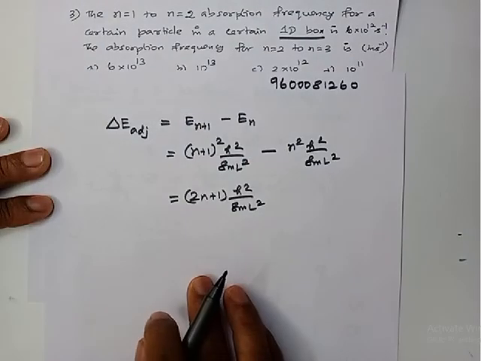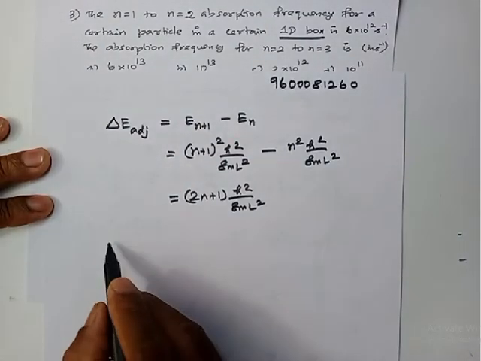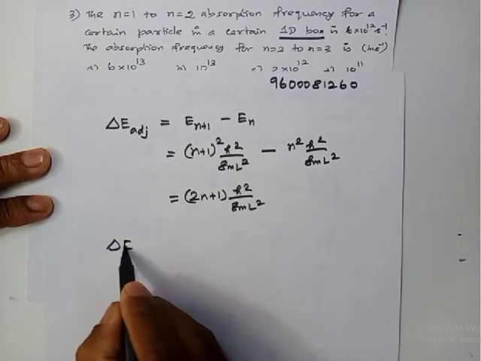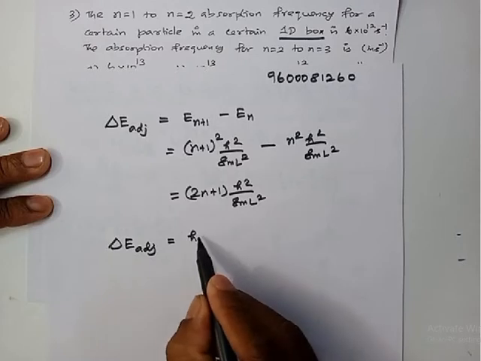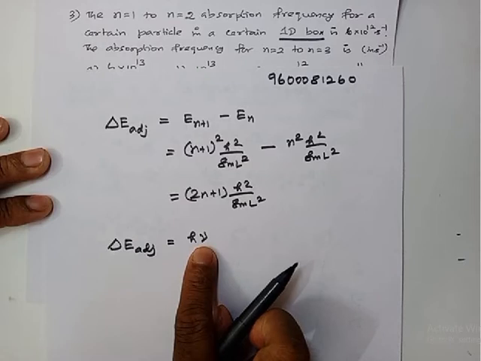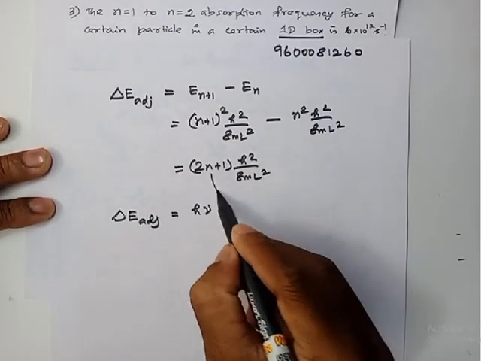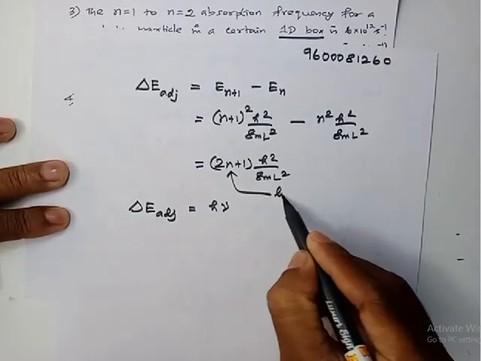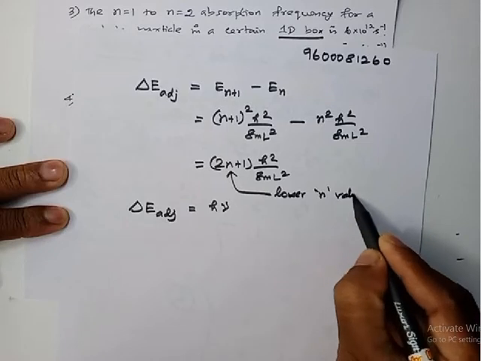Now for the n equal to 1 to n equal to 2 transition, the absorption frequency is given. What is the absorption frequency? You know very well, the gap between adjacent levels is equal to h nu, the photon that is absorbed, where nu is the frequency. For the 1 to 2 transition, see students, here this n should be the lower n value.